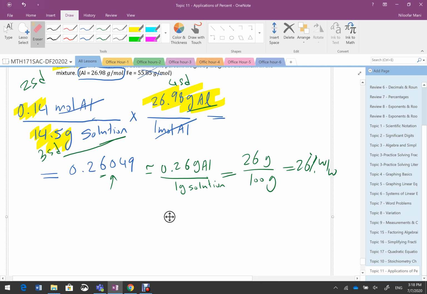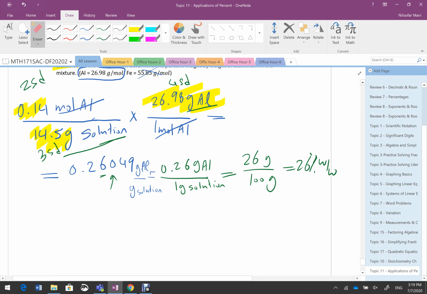I have gram of aluminum over gram of solution, which is 0.26 gram of aluminum over 1 gram of solution, and then I can change it to 26 over 100. When I have 0.26, that means 26% W over W.